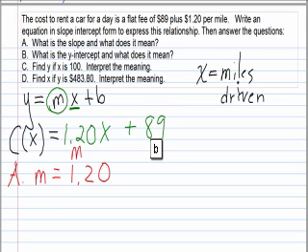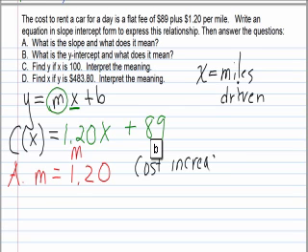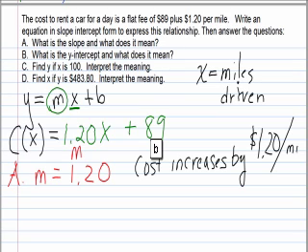We know that the cost is going up by $1.20 per mile. Cost increases by $1.20 per every mile driven. And write that as a ratio, 1.20 per 1 mile, or you can just put $1.20 per mile.